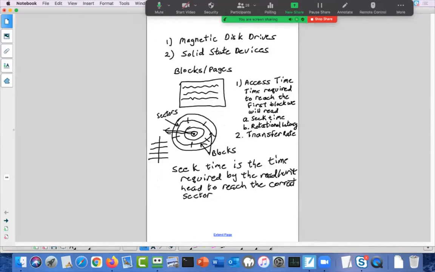Then when we've reached the right sector, we still have to rotate to get the appropriate block under the read-write head, and that is what rotational latency is.